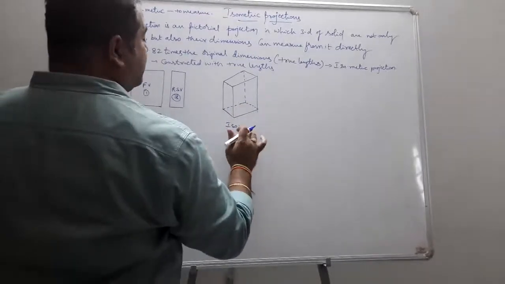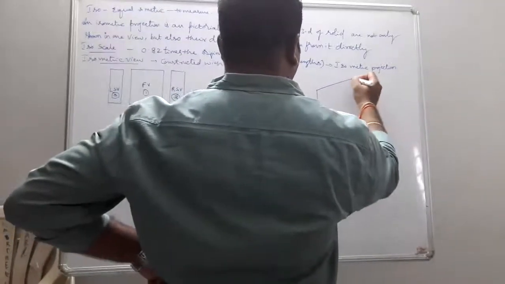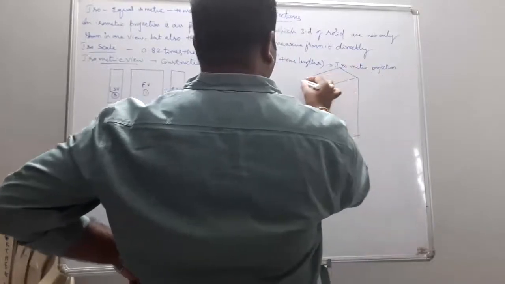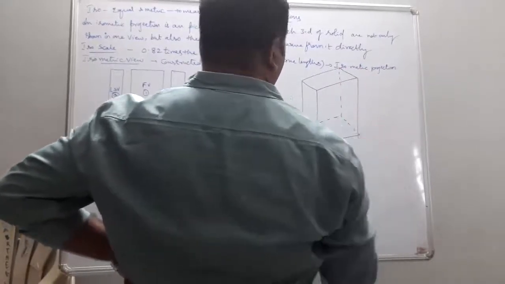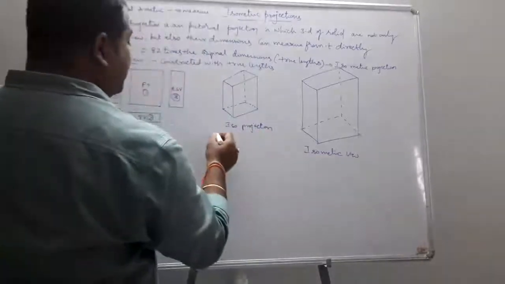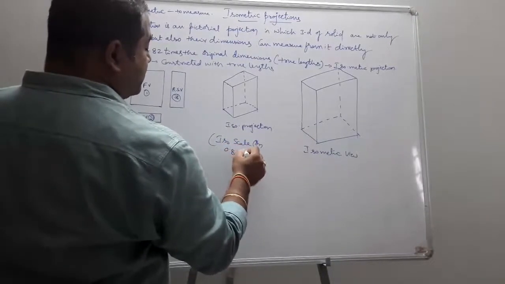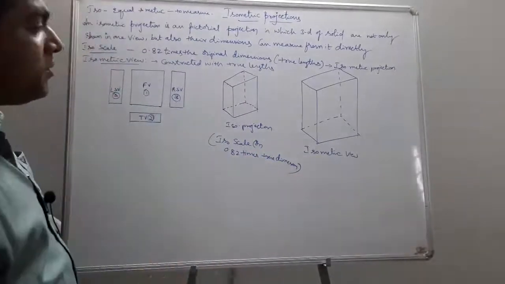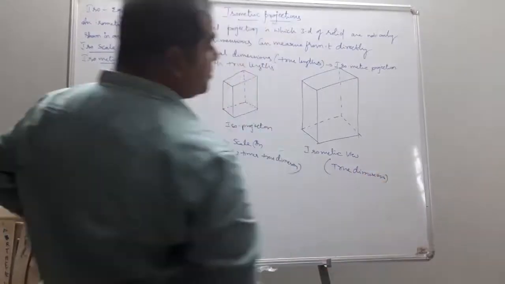If it is drawn with the iso scale, that is 0.82 times the true dimensions, then you obtain the isometric projection. The isometric view is drawn with true dimensions, without reducing the given dimensions.